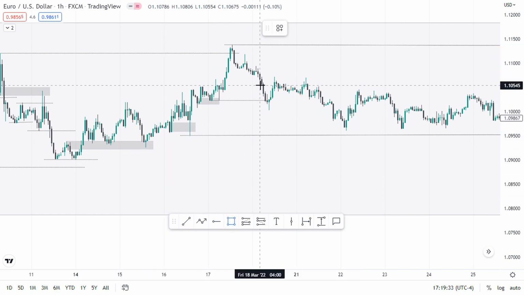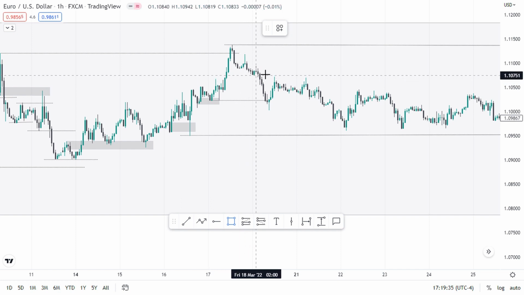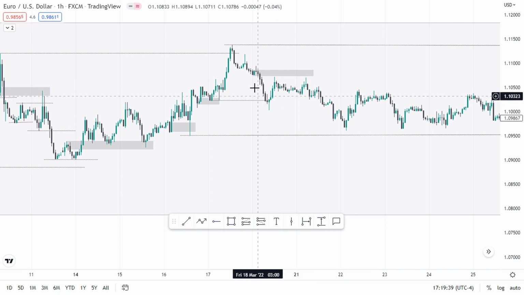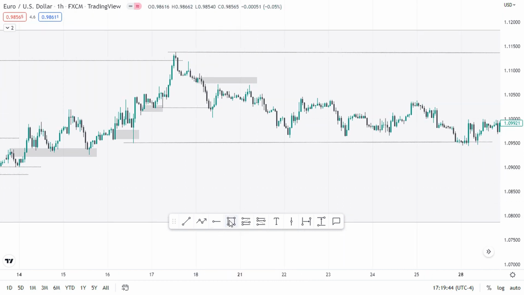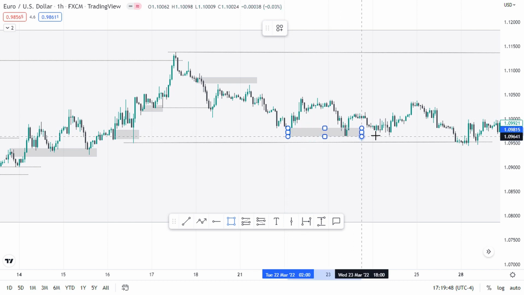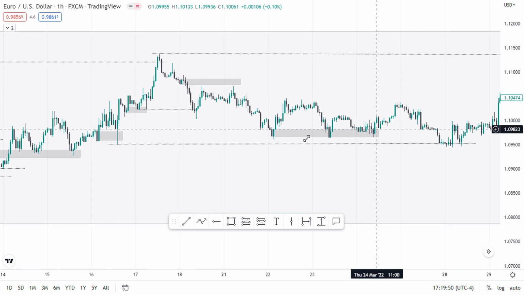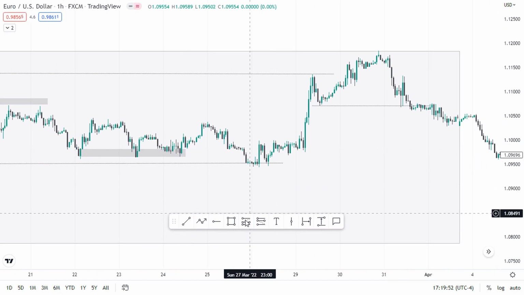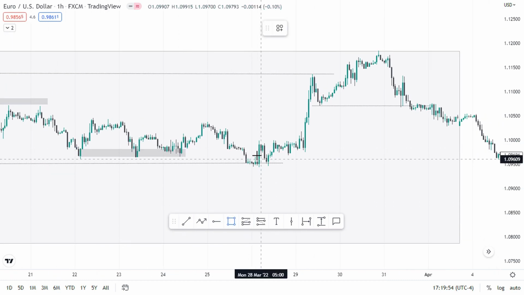So basically you can just frame your entries using the order block and the retest. So price almost got there but did not retest exactly. Then in this case there was a break of structure, price came back, retested the order block and bought for a while. In this case also it broke structure, came back to retest the order block.